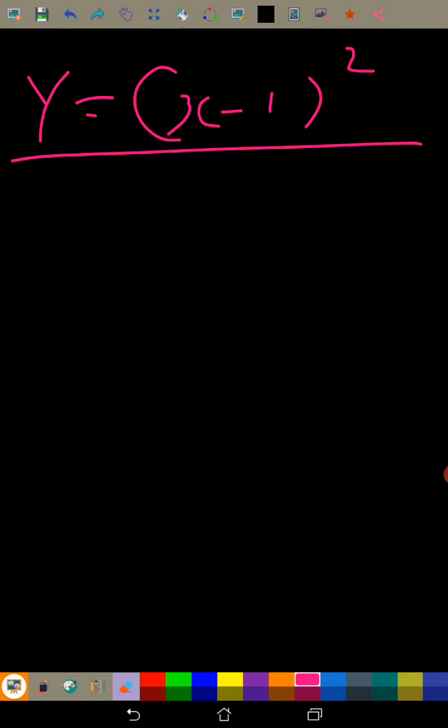So we had this x minus 2 squared. We had this curve, and so we managed to find the gradient and so on for points on this curve.